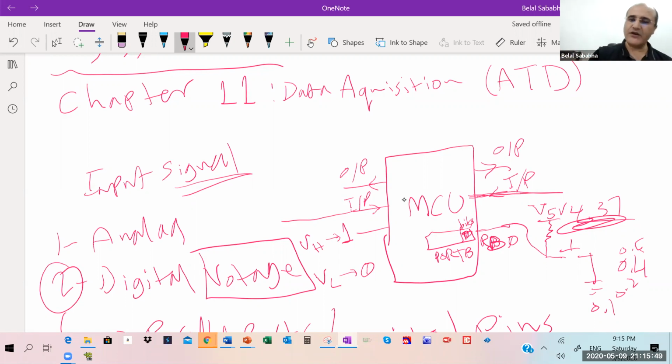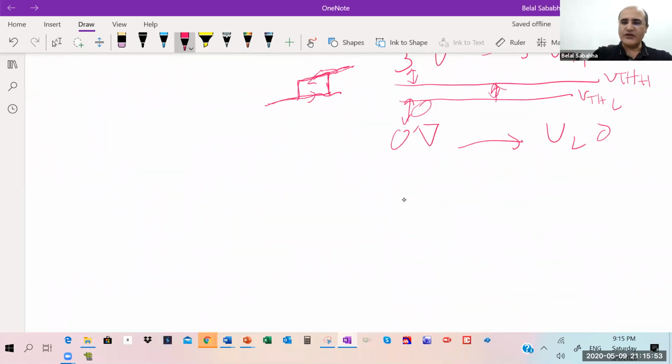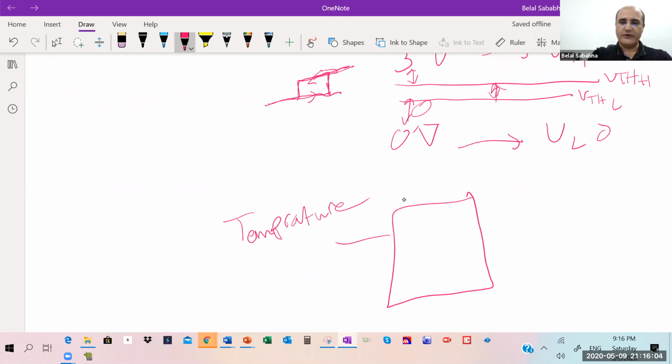Now, this is not going to work in many cases. So imagine you are going to design an embedded system to measure temperature. Okay, we have a temperature sensor. We'll talk about sensors later, and you already did a search about sensors, right?